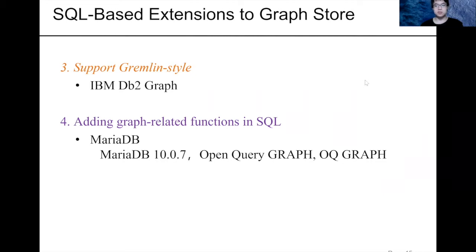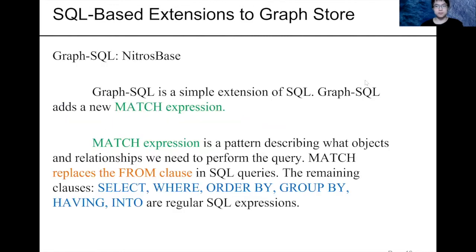IBM Db2 Graph transforms and optimizes the Gremlin query into SQL statements. At last, MariaDB's query language called Open Query Graph extended the graph model by adding graph-related functions in SQL. This is also a very effective method.